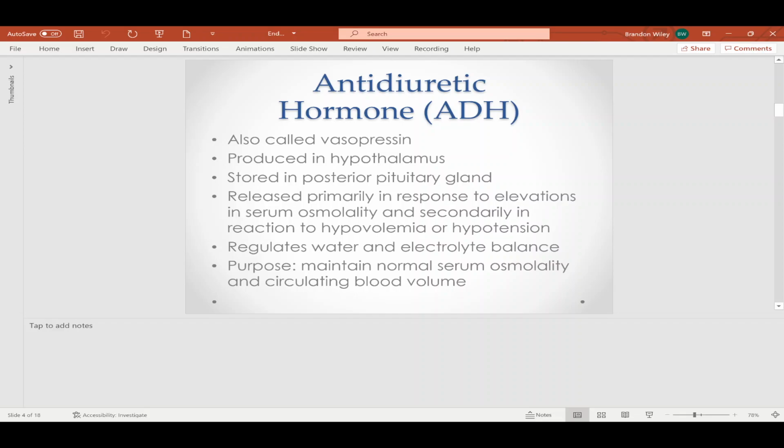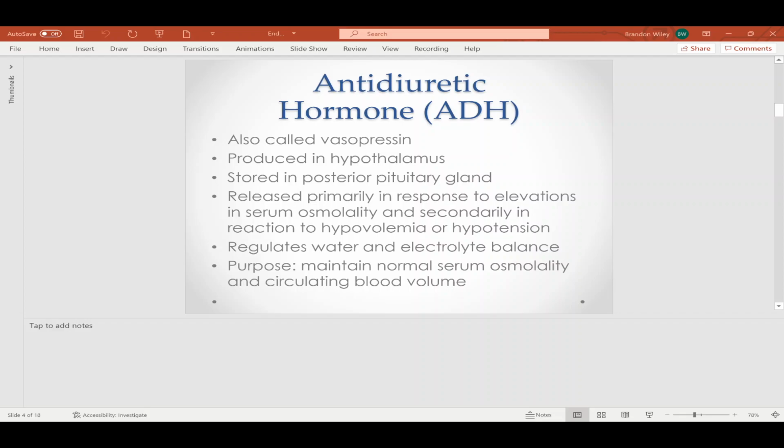How this occurs is your kidneys, your renal tubules, will start retaining water. Instead of filtering out the water, ADH is released and tells your kidneys, hey, stop, we need to keep this. That's how it retains water in the renal tubules of your kidneys, by regulating water and electrolyte balance.